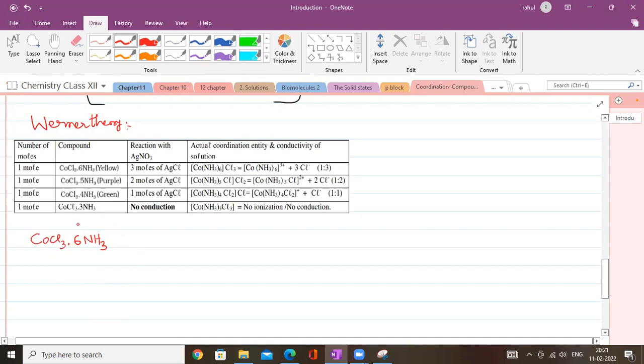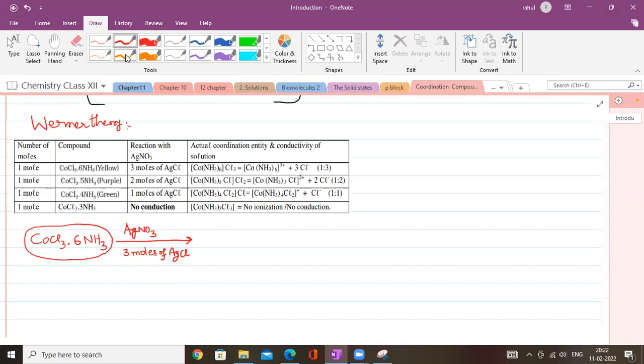Now when he reacted this compound with silver nitrate, as you know, he saw that it was giving 3 moles of AgCl white precipitate.